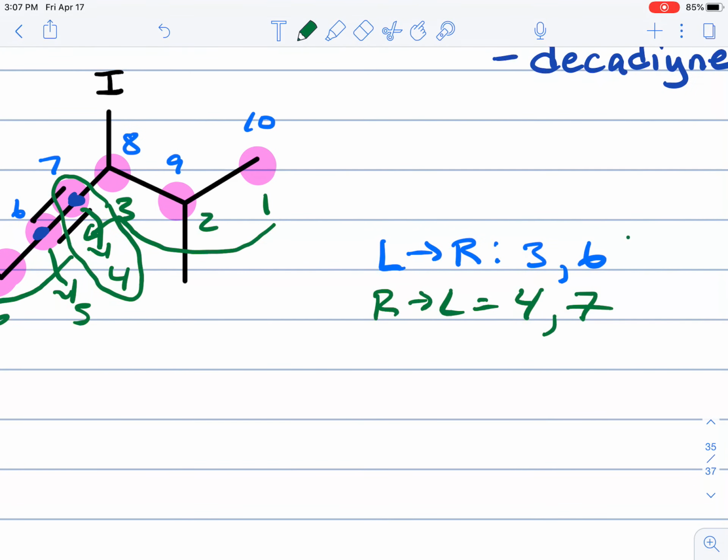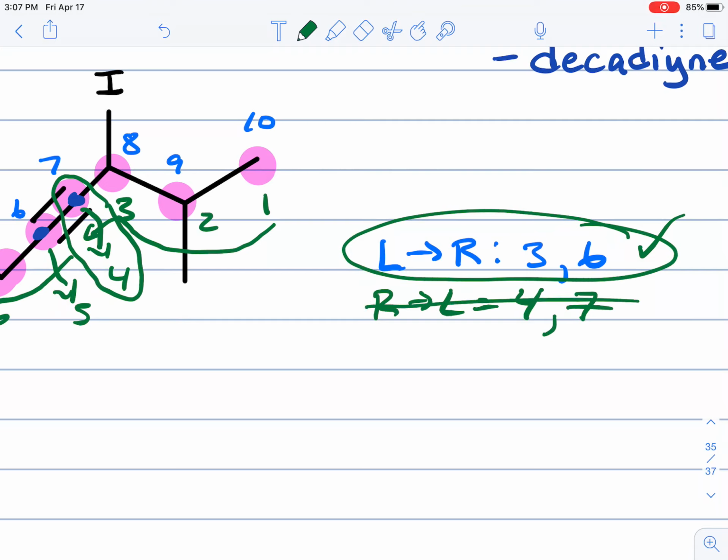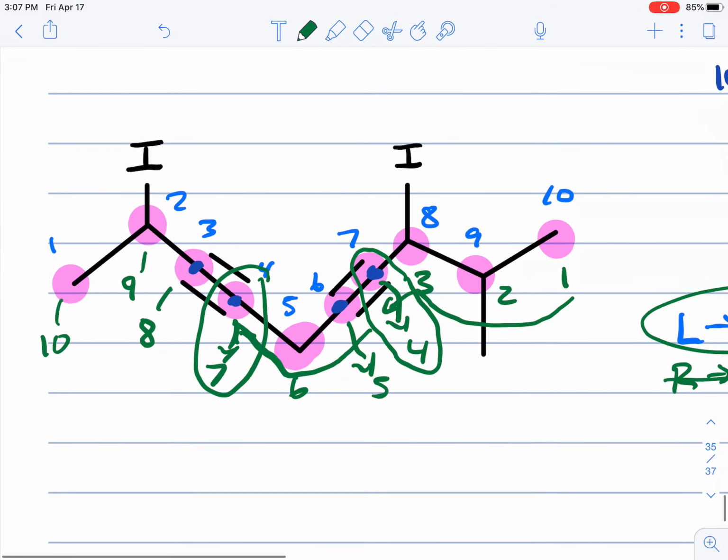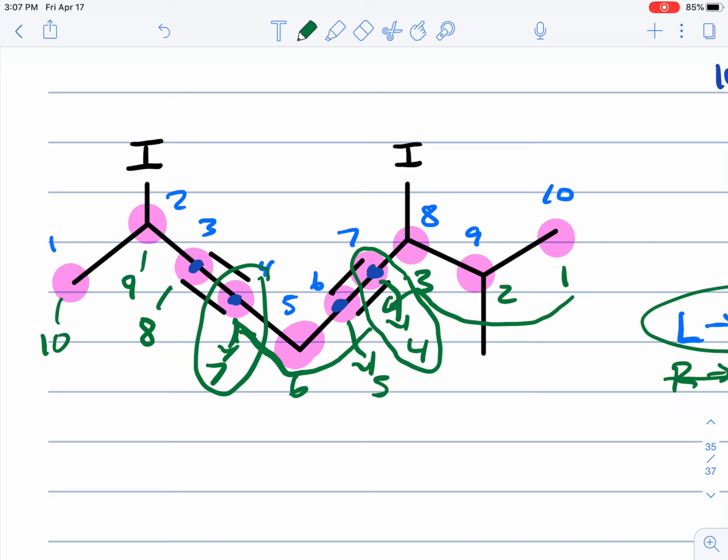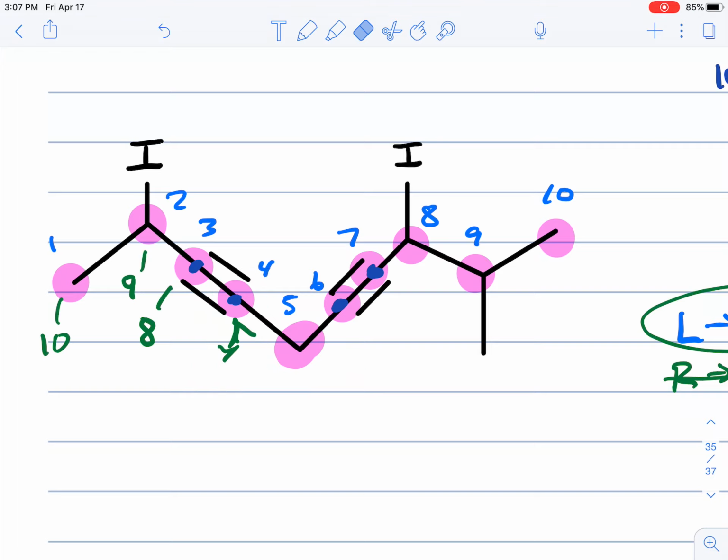If you look at this, these two have a lower value if I go from left to right. Therefore, I'm going to keep that numbering system and erase the other numbering system.